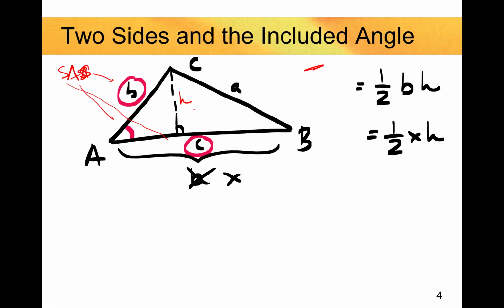Perfecto. Sine of A is equal to, anybody give me that? Equal to H over B. So then if I multiply both sides by B, don't I get H for me? Yeah, absolutely.